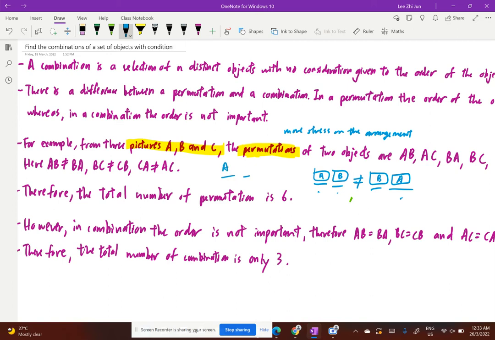I can choose A, B. So if I choose A and B, for permutation I have two permutations, but for combination I just have one combination, because just A and B are chosen. I can choose B first, then A, also fine, because it is just picking and not arranging.